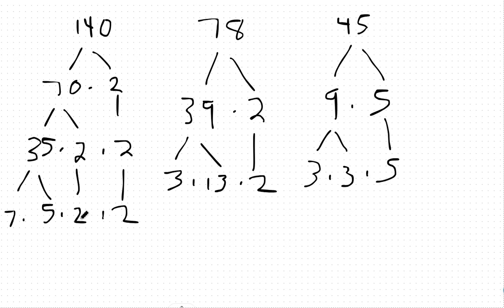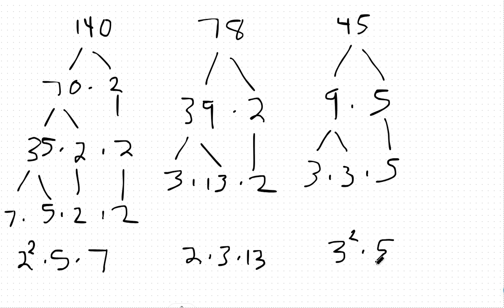All right, so again, what we want to do is arrange each of these in ascending order. So we got 2 to the second power times 5 times 7. For this one, we've got 2 times 3 times 13. And for this one, we've got 3 to the second times 5.